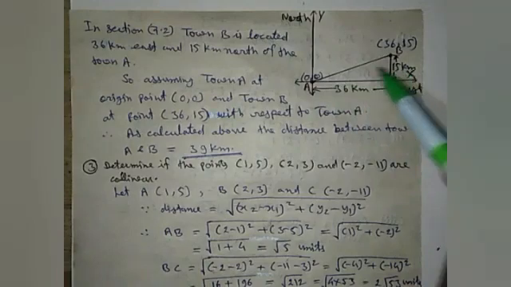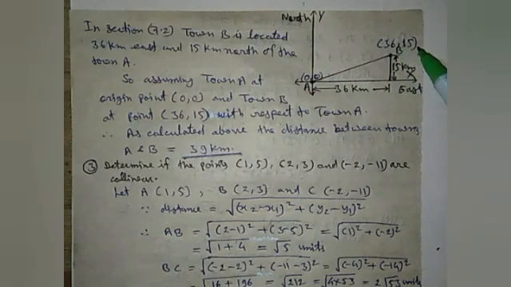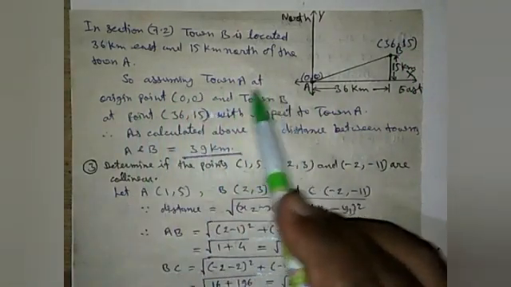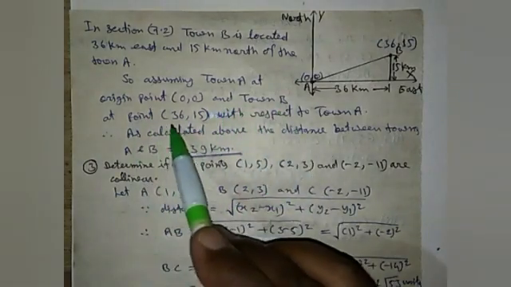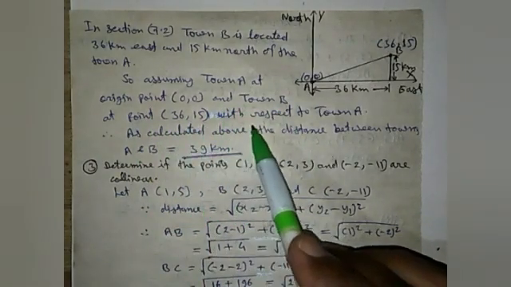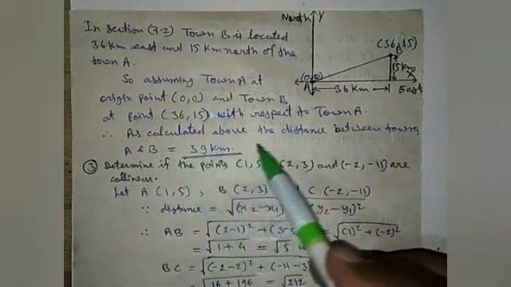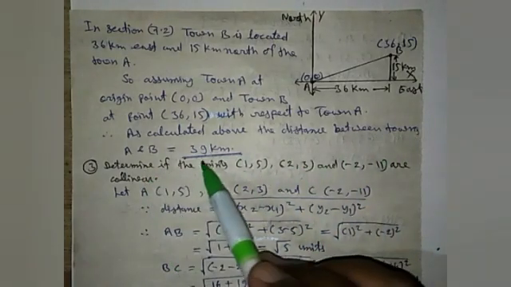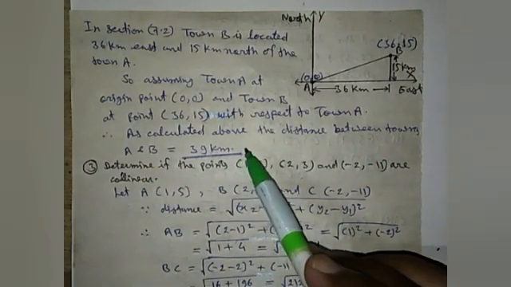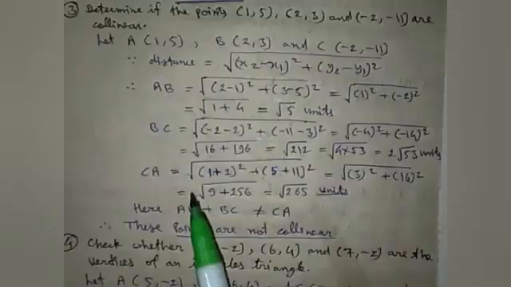So here are the coordinates of town A and town B. Town A is (0, 0) and town B is (36, 15). So here assuming town A at origin point (0, 0) and town B at point (36, 15) with respect to town A. As calculated earlier in this question, the distance between towns A and B is 39 kilometers. So here we can find the distance by using the same formula.